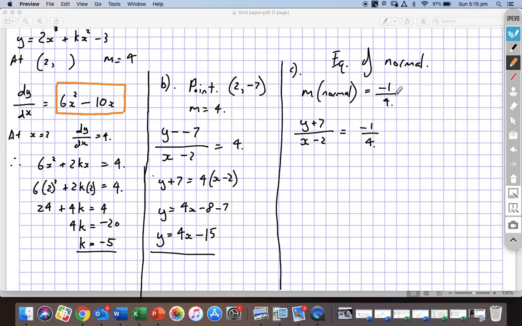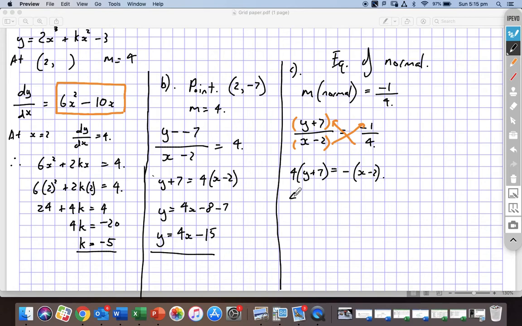Now because you're going to get a fractional value, the book likes whole numbers. So what I'll do to get the whole numbers, we'll do a little cross multiply. Just remember brackets are implied. So we could say 4 times y plus 7 equals minus x minus 2. Right, so times both sides by 4, times both sides by x minus 2.